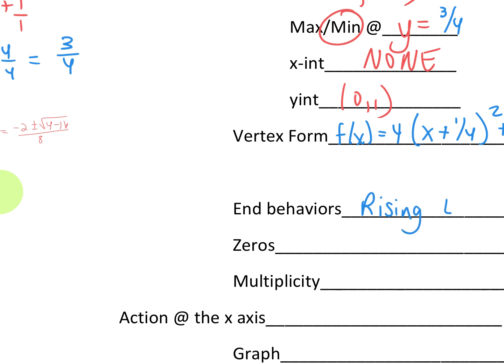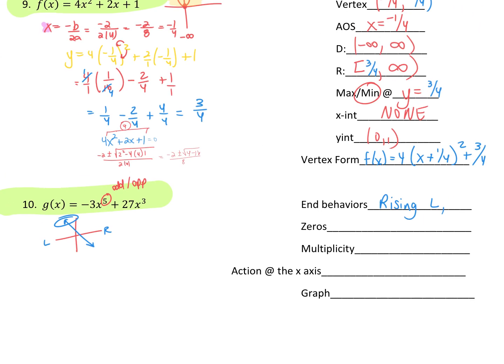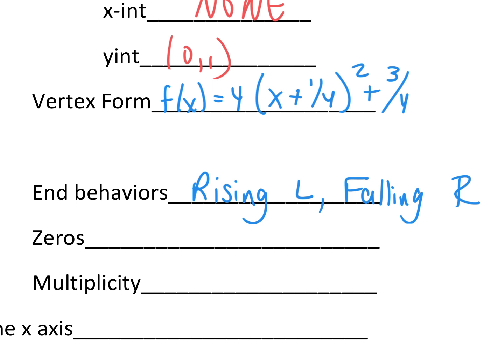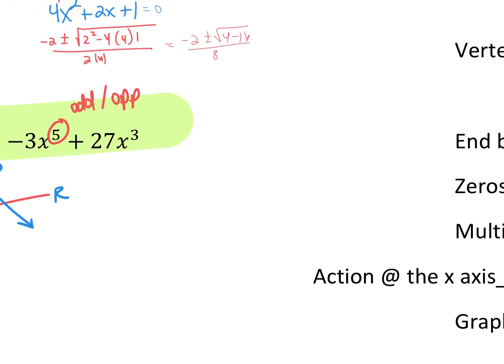We say rising left and doing what? Falling right. Perfect. Does anyone have any questions about that? If the highest exponent is even and it's a positive function, which way are the arrows going? Both up. If it's an even function and it's negative, both are going which direction? Perfect. Okay, good.